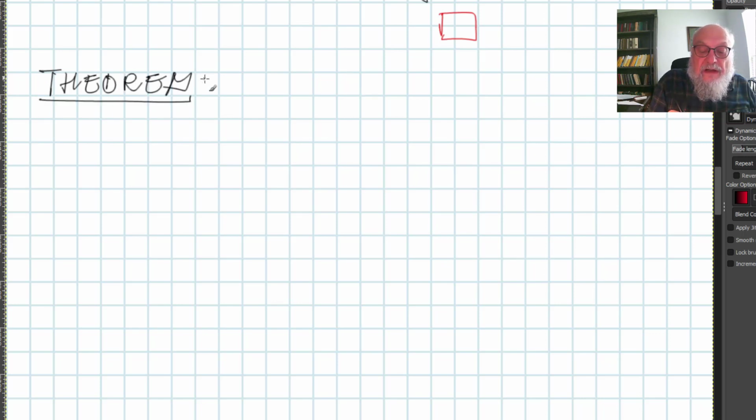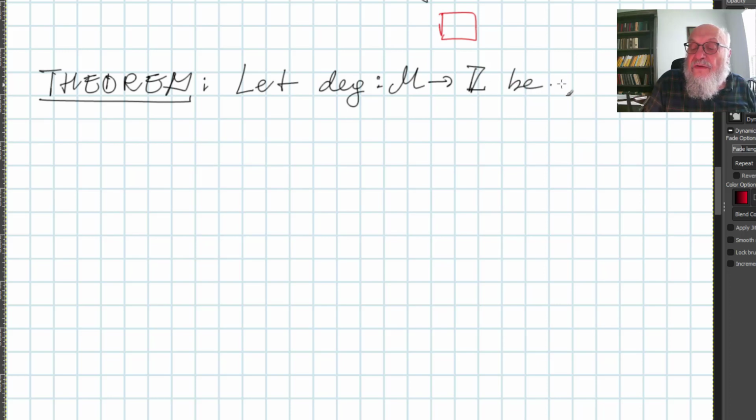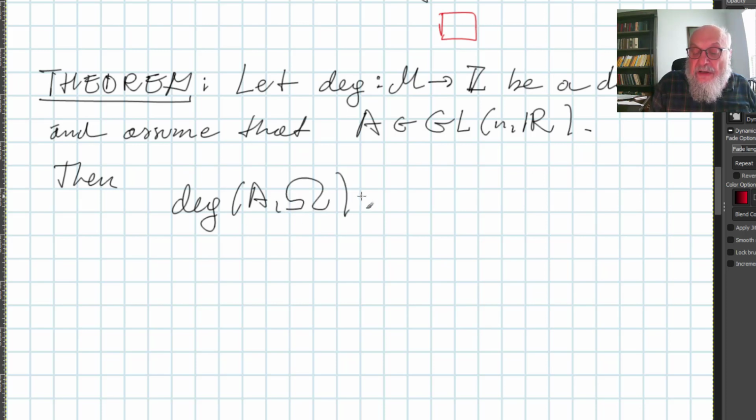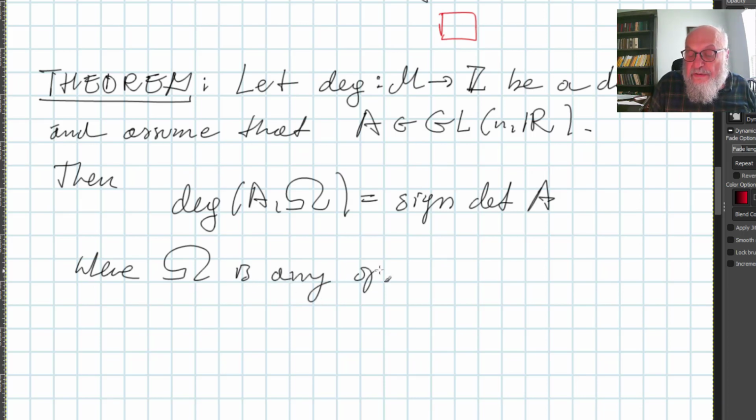Again, we still assume let degree from M to Z be a degree, and assume that A belongs to GL(n, R). Then the degree of A on omega is equal to the signum of the determinant of A, where omega is any open bounded neighborhood of 0.